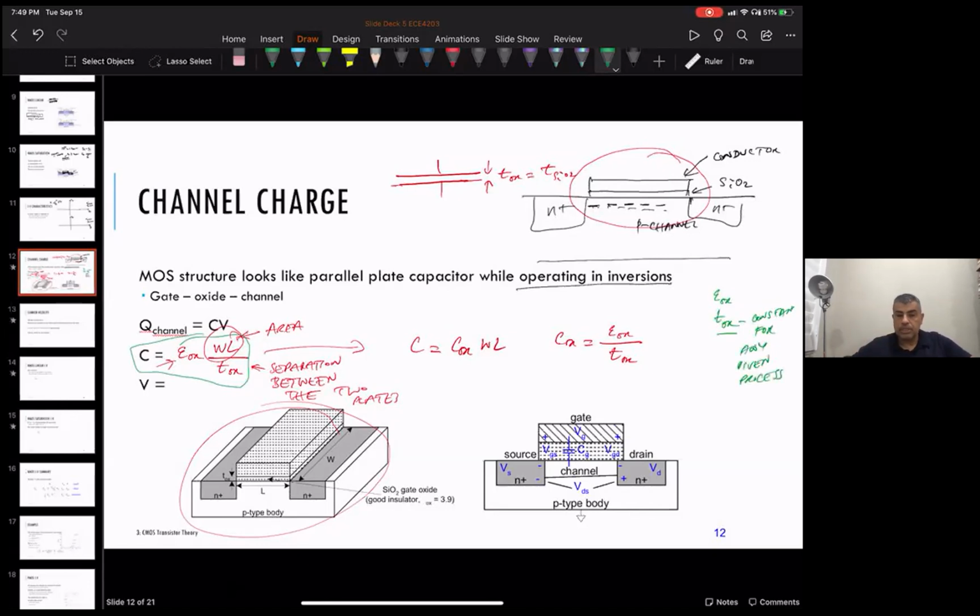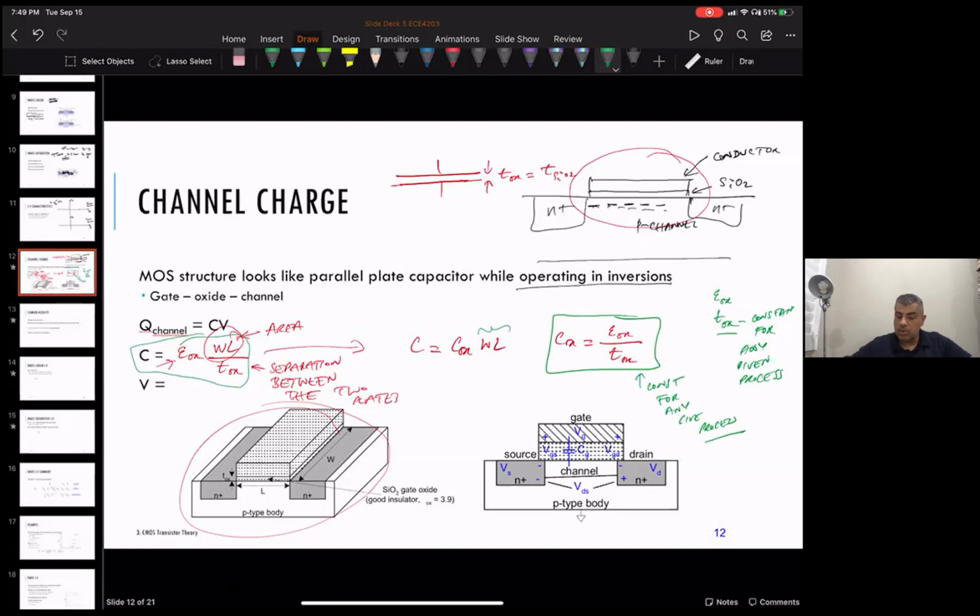So if you're doing a design, you already know what process you're in, you just want to do this calculation once. This epsilon ox over T ox, the thickness of the oxide, is a constant for any given process. But what is variable is the width and length of the particular transistor you're working with.